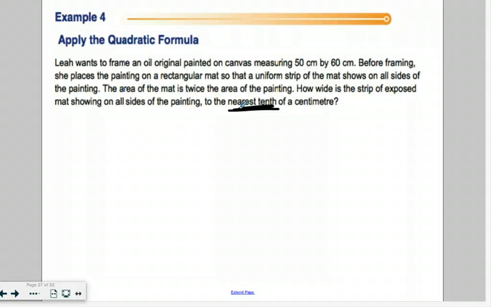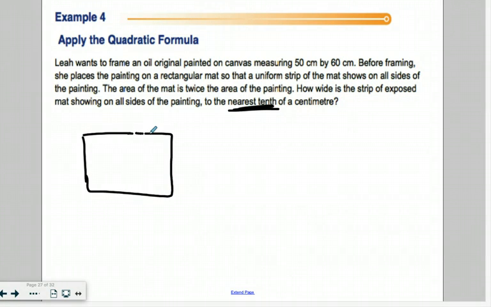Best thing to do here is to try and draw the situation. You have an oil painted canvas, okay, measuring 50 by 60, so we can assume that that's a rectangle. So we can sketch that rectangle, right? And we know that those dimensions are 50 centimeters by 60 centimeters, okay? She's placing that painting on a rectangular mat so that a uniform strip of the mat shows on all sides.